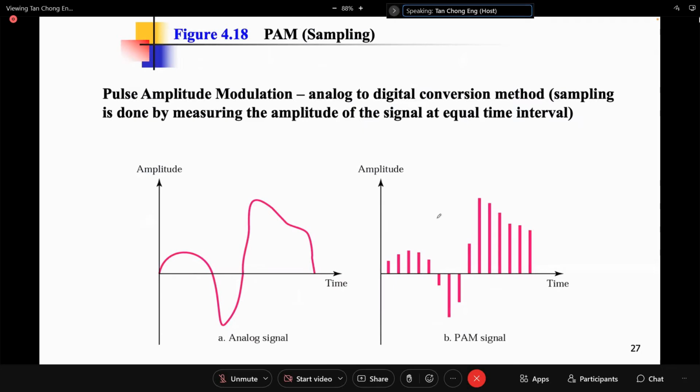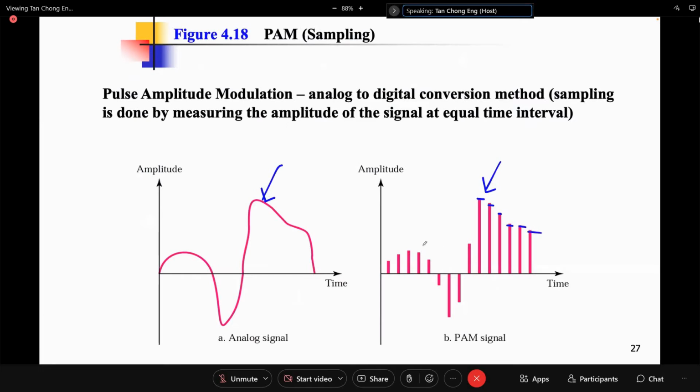If you look at the pulse amplitude modulation process, your analog signal here, this signal here is analog. So you are creating a similar signal here, which is digital. The PAM signal is something like digital, but it comes in different values. You can see this one is over here, this one over here, and over here.